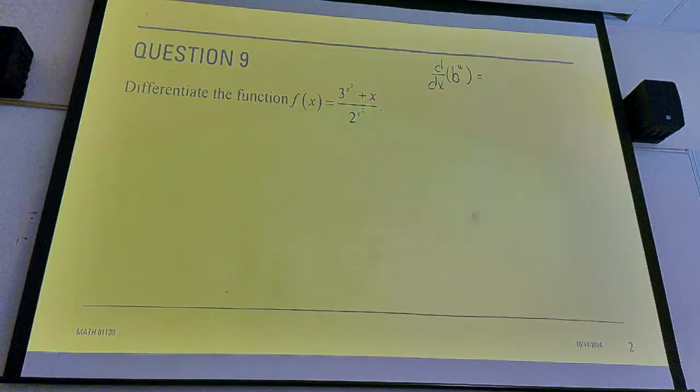What's the derivative of b to the u? What is it? You're missing one thing. You forgot chain rule.